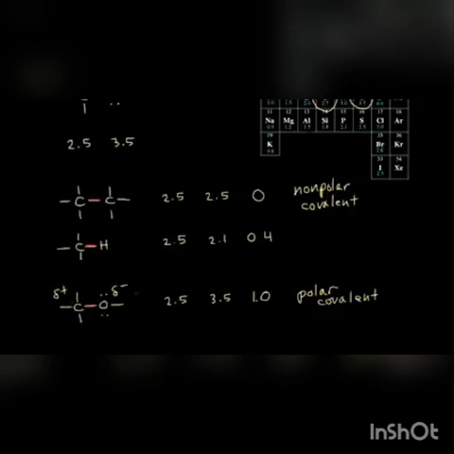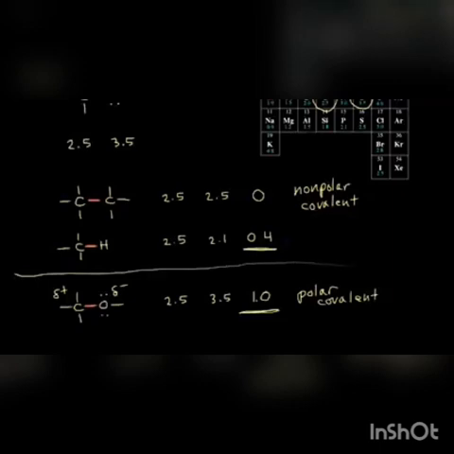And so we can see that if your difference in electronegativity is 1, it's considered to be a polar covalent bond. And if your difference in electronegativity is 0.4, that's considered to be a nonpolar covalent bond. So somewhere in between there must be the difference between a nonpolar covalent bond and a polar covalent bond. And most textbooks will tell you approximately somewhere in the 0.5 range.